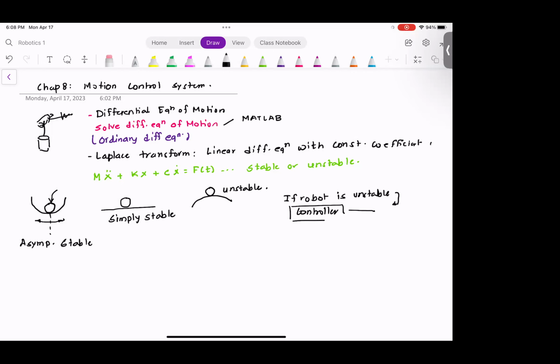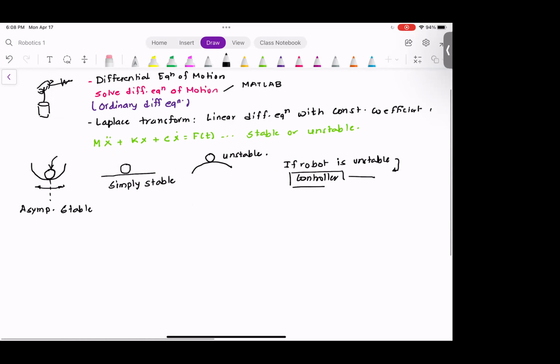So what that means is there are two types of motion control systems. One is an open loop system, where we have this system, which is also called the plant. You provide an input to the plant, and then you have the output.